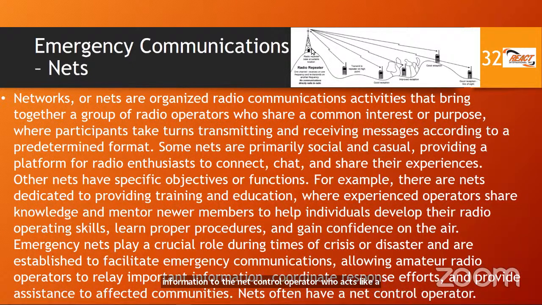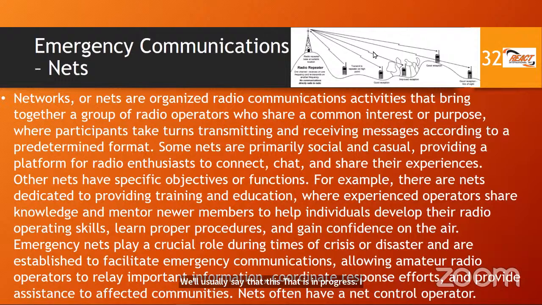So you have the net, you have a net control station, and quite often that will be manned by a net control operator. That is going on a particular frequency. The net control station will call the net and usually say that this net is in progress.